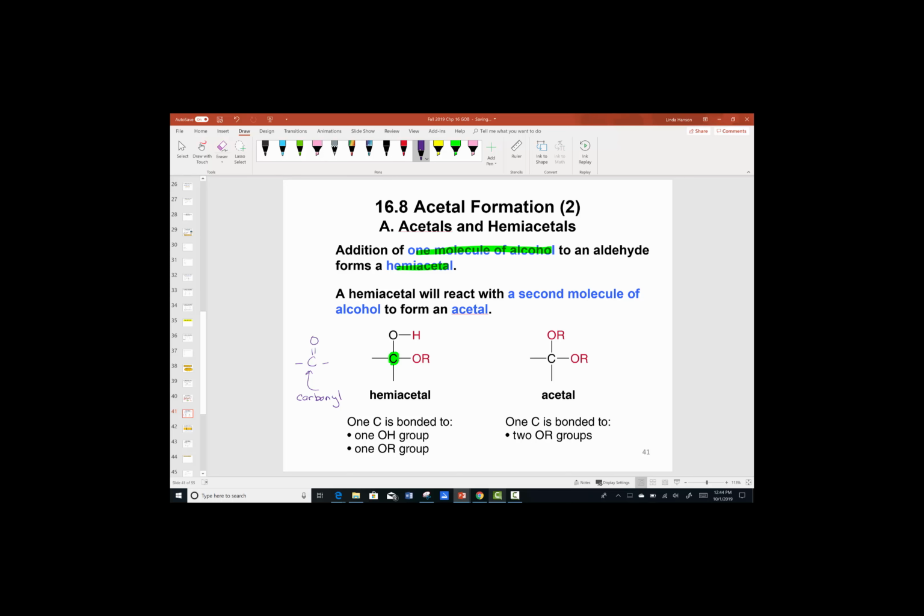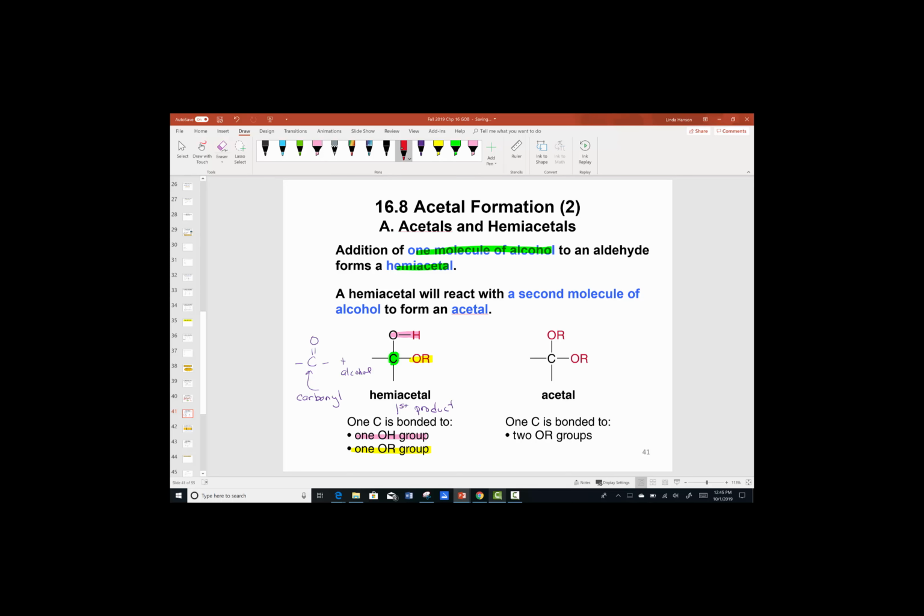And in the presence of an alcohol, the first product to form is called a hemiacetal. Notice that one group on the original carbon is an alcohol, OH, and the second attachment is the OR, making it a hemiacetal.